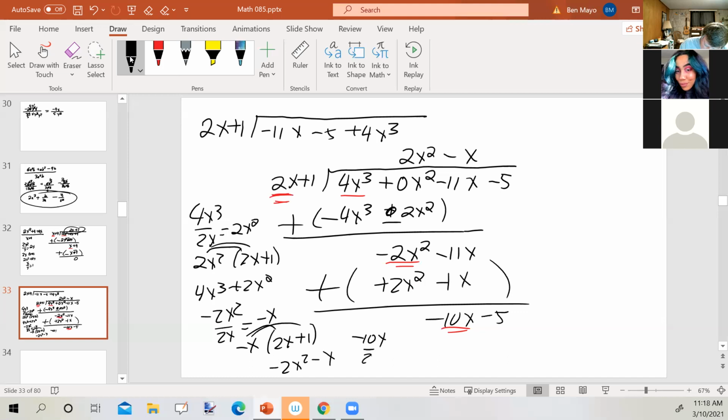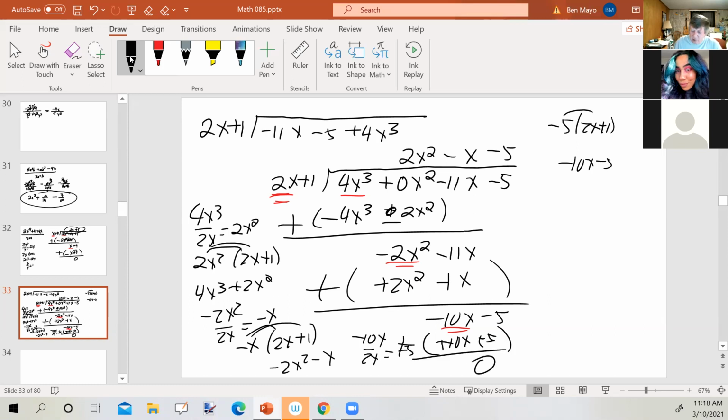Negative 10x divided by 2x is negative 5. Negative 5 times 2x plus 1 is negative 10x minus 5. Oh, and we get 0 remainder. Recall that if you get a remainder, write your answer plus whatever that remainder is over the divisor.